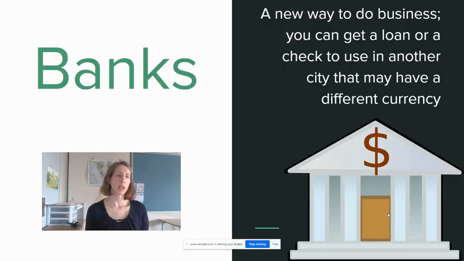They also kept currency, physical money, safe for people who were not always in town. So banking really grows. This was something that the Muslims had been doing for a long time, another idea that the Europeans take and adapt from that interaction with Muslims in the Middle East.